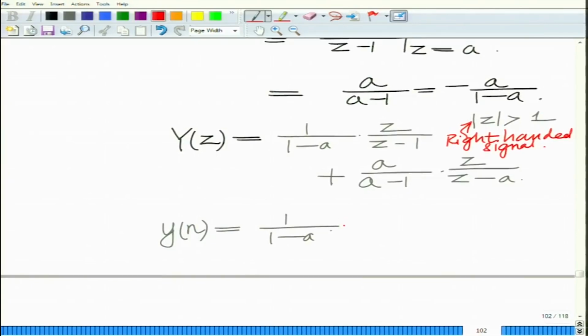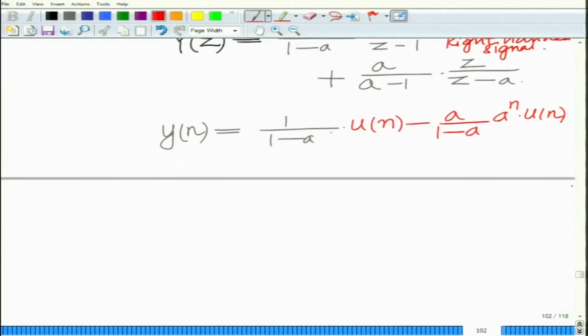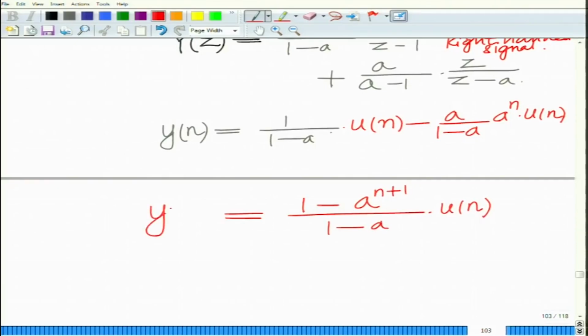So, 1 over (1 minus a) times z over (z minus 1) has inverse z transform u(n), minus a over (1 minus a) times the inverse z transform of z over (z minus a), which is a^n u(n). Combining these two, what you get is (1 minus a^(n+1)) divided by (1 minus a) times u(n).